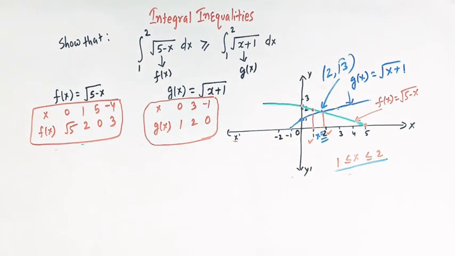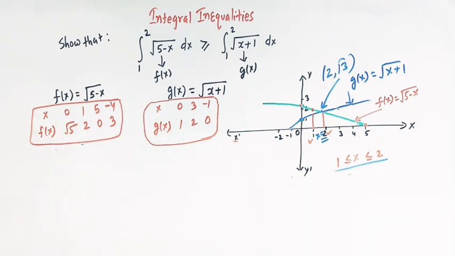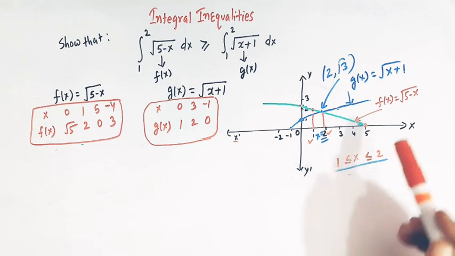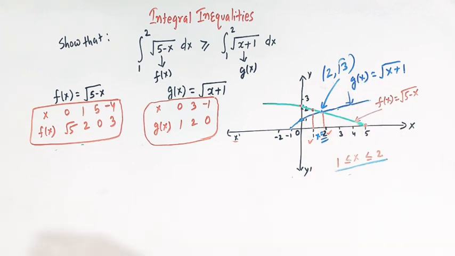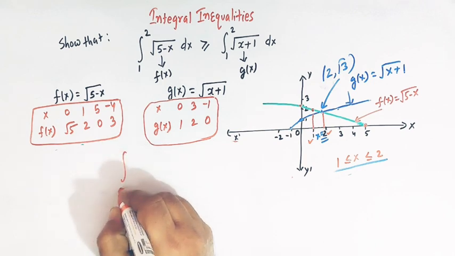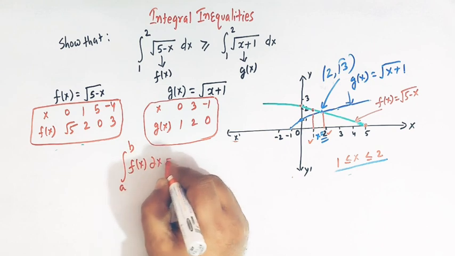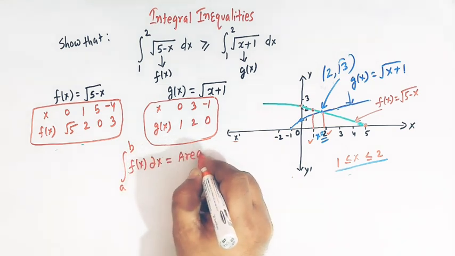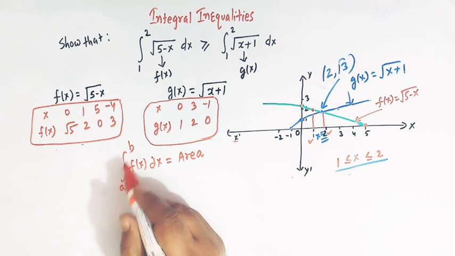So viewers, we can also prove this inequality geometrically by considering the graph of f of x and g of x. We know that the integral a to b f of x dx always represents the area bounded by f of x between these two limits.